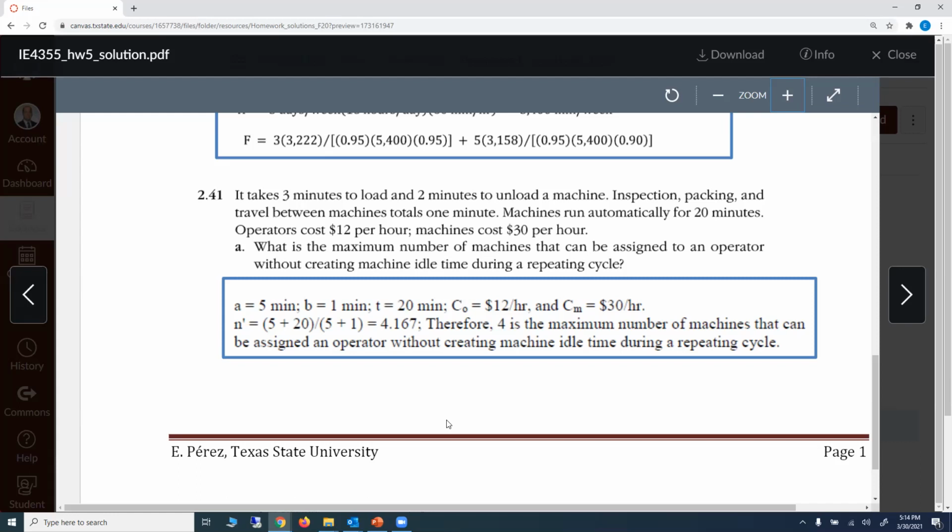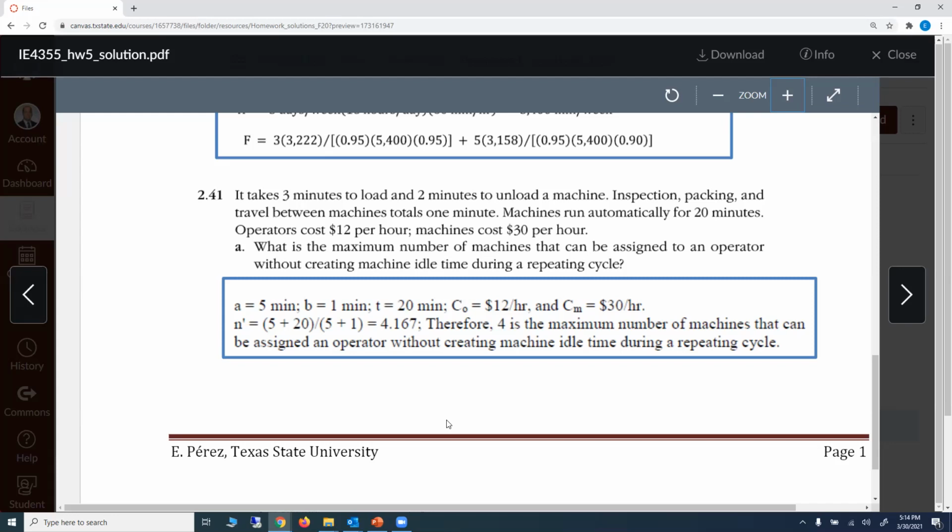So idle time in terms of the machine, as I mentioned already: if you end up assigning 5 machines to this operator, there's going to be a point in which the operator is not going to be able to get to one of the machines on time. So the machine is going to have to wait until this operator is done with the fifth machine, and then he will have to go after that.